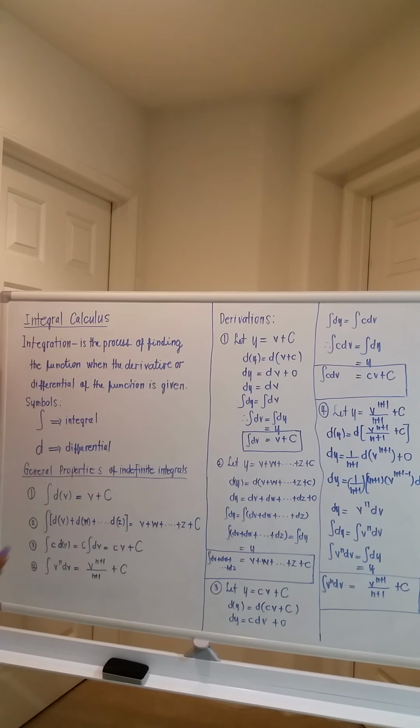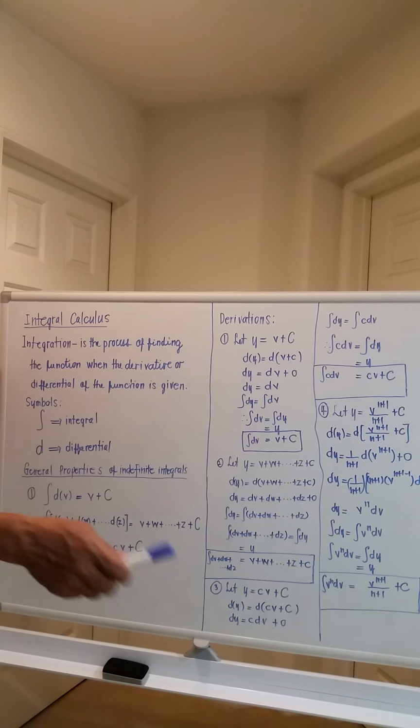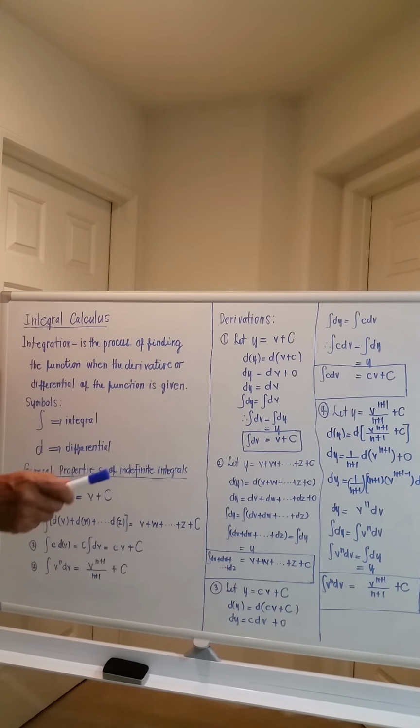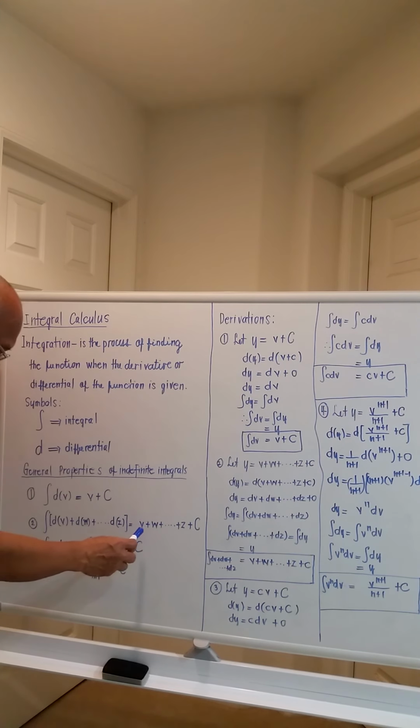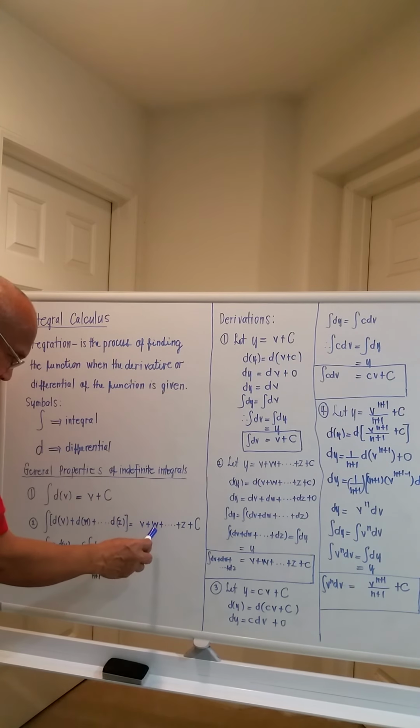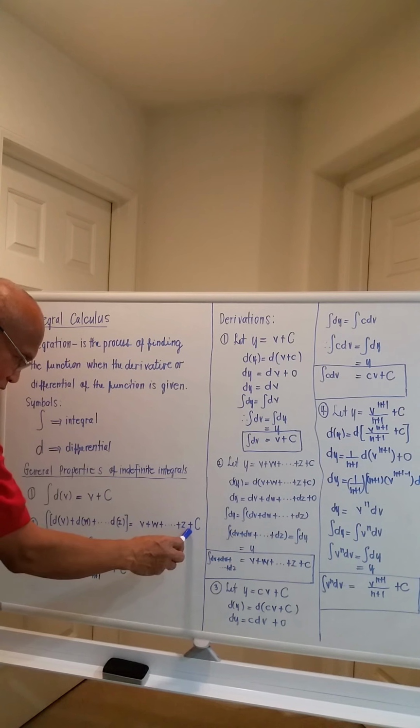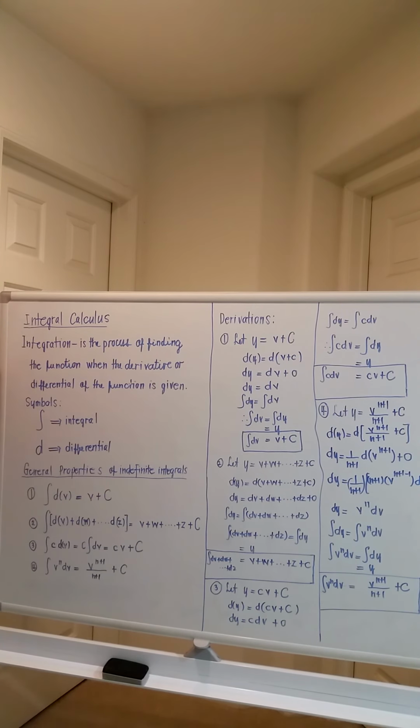Number two, the integral of the sum of several functions. Like the differential of so many functions, under integral it's the same. The integral of the differential of b plus differential of w plus differential of z is equal to simply b plus w plus z plus capital letter C. It's indefinite integral.